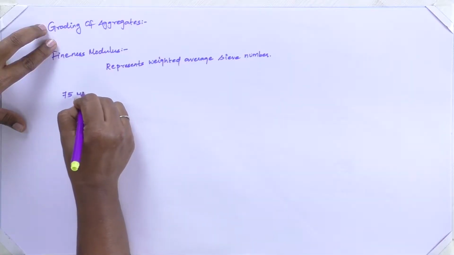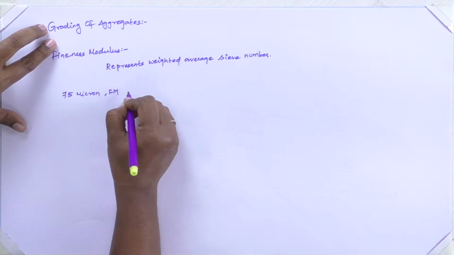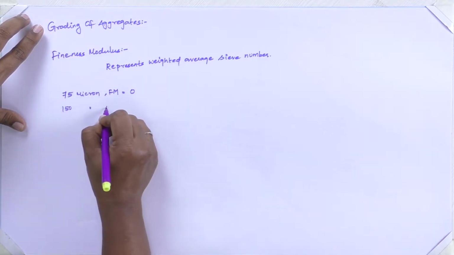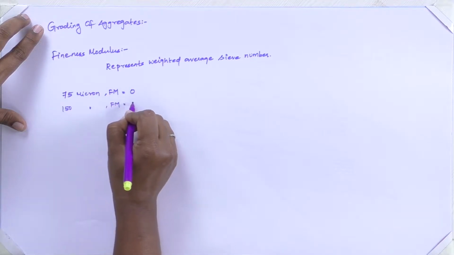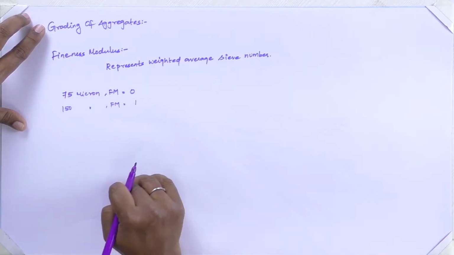So before doing this, we have to number the sieves starting from 75 micron. For 75 micron, fineness modulus FM equal to 0, 150 micron FM equal to 1, and it goes on like this.